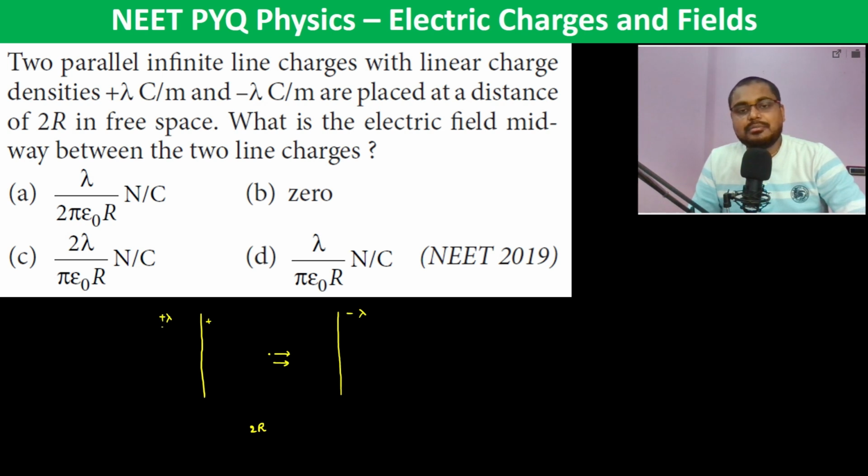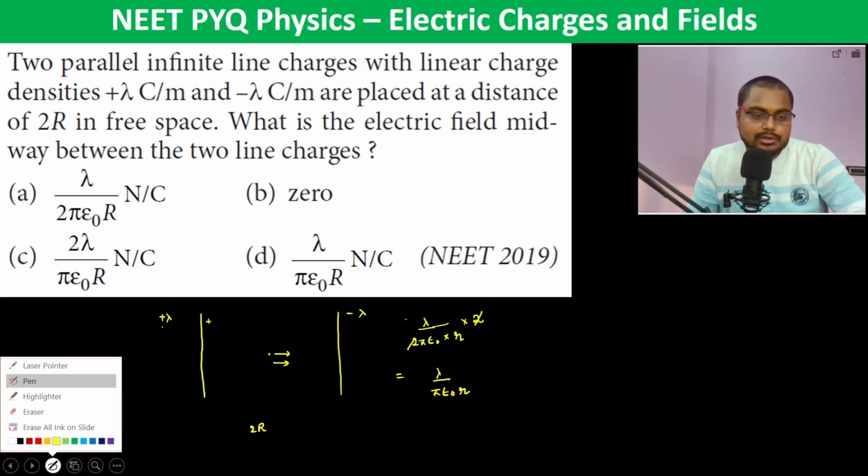And the formula of the electric field is going to be lambda by 2 pi epsilon naught into r, into 2. तो ये ख़त्म, ये ख़त्म, lambda by pi epsilon naught r. Okay, so D is going to be the answer.